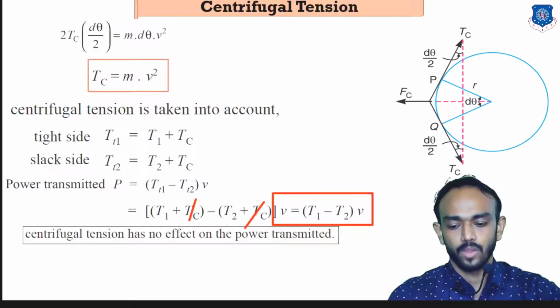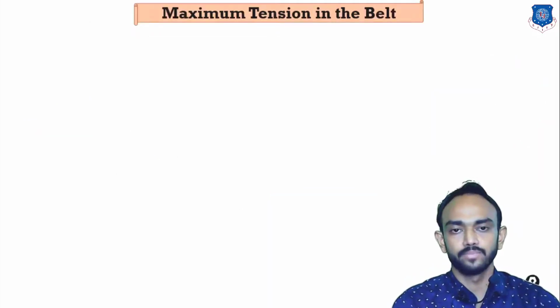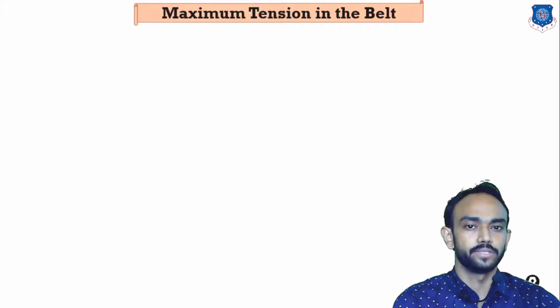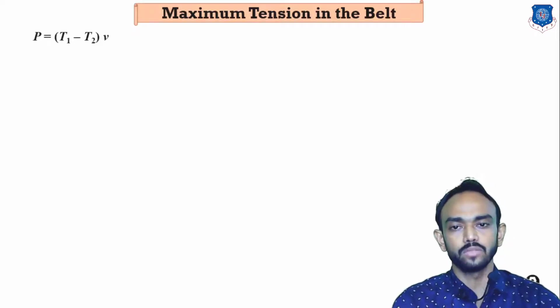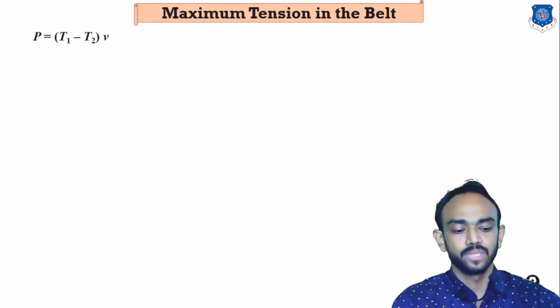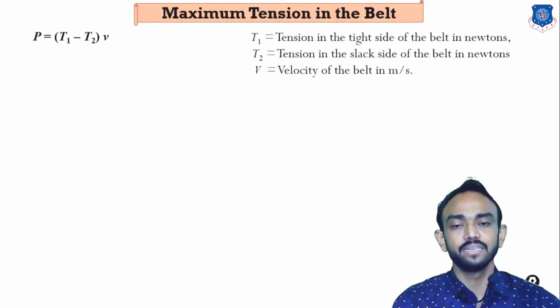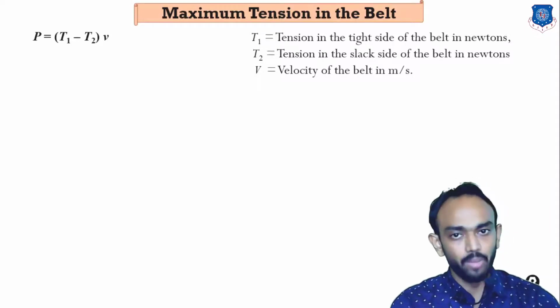Okay. Now we are going to find the maximum tension in a belt while considering the centrifugal tension. First of all, as you know, (T1 minus T2) into velocity is the power. T1 is the tension in the tight side and T2 is the tension in the slack side. Remember that.